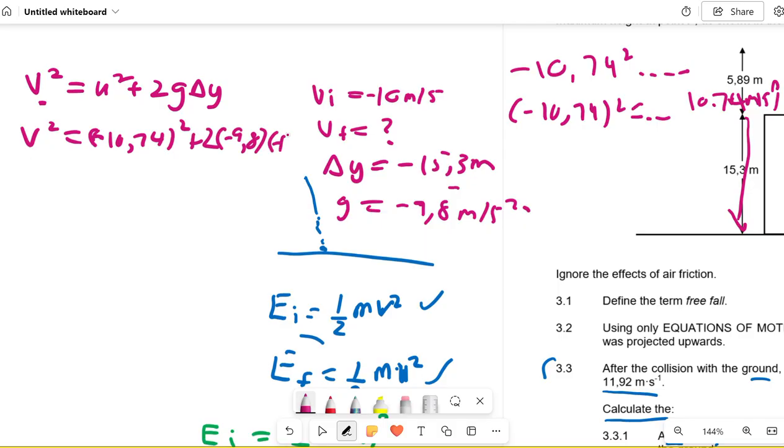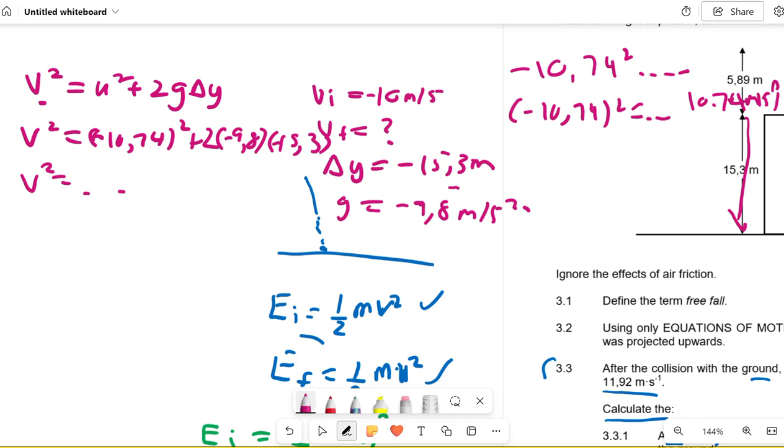Okay, can you just quickly do this for me? Tell me what the answer is. Quick. What is V squared? 20.38 meters per second.